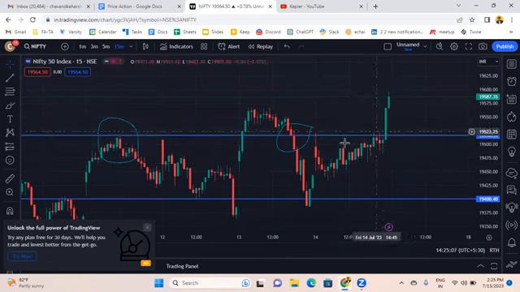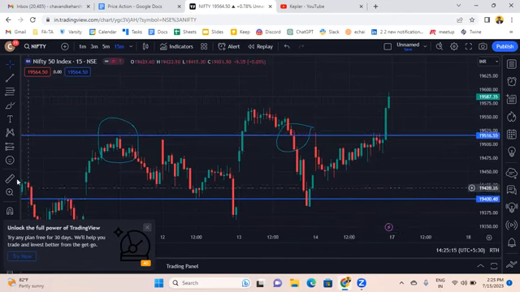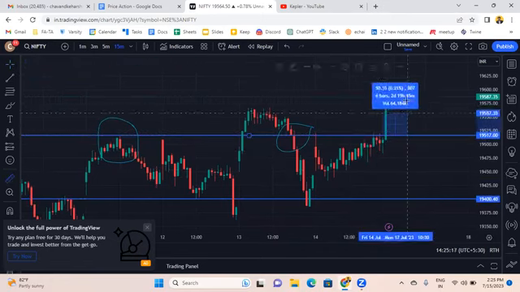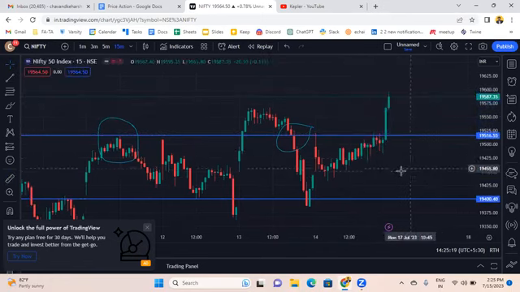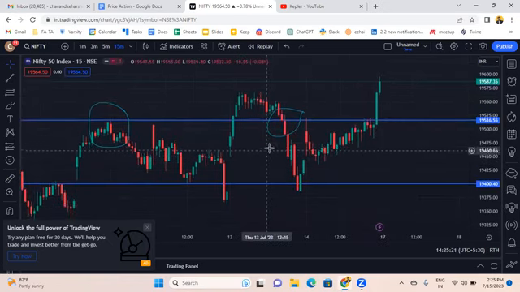Right after the resistance was broken by the buyers, see the momentum. This momentum is approximately 80 to 70 points. This is the magic of support and resistance.